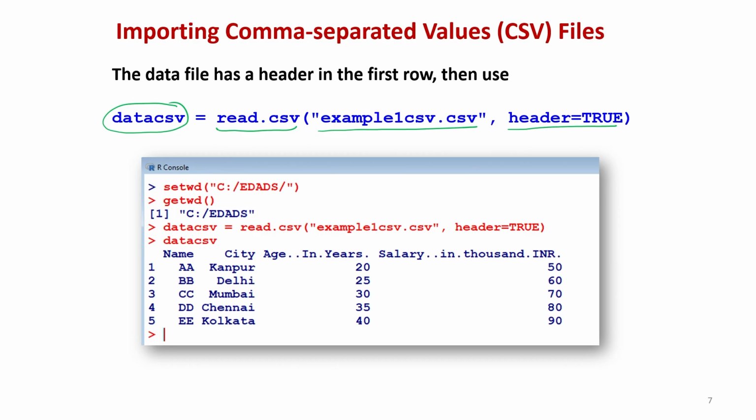First I can show you on the screenshot, then I will show you on the R console. If I use this command, your data comes like this: name, city, age in years, salary in thousands. You can see there are some changes. Now the first row is read as a header, and then the data starts from 1, 2, 3, 4, 5.